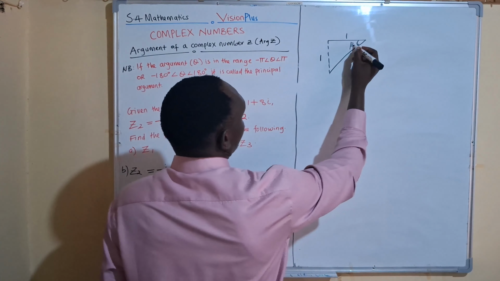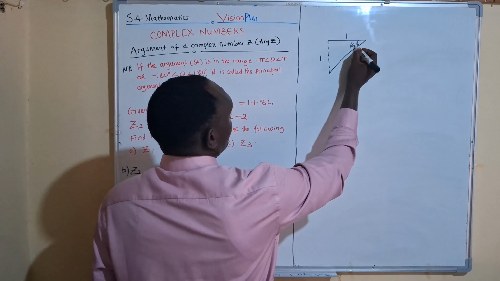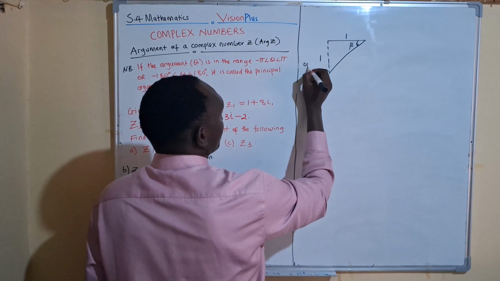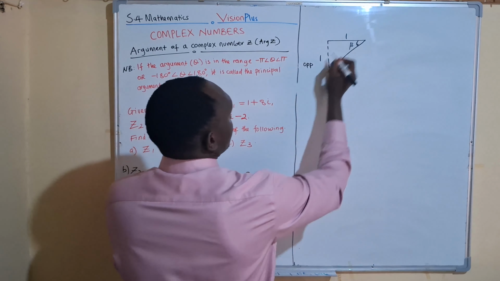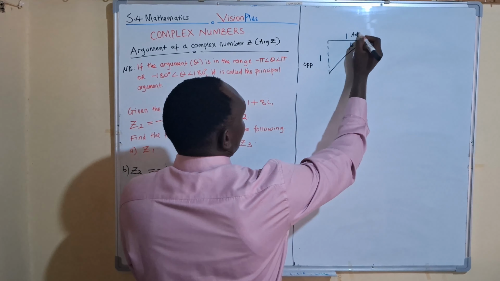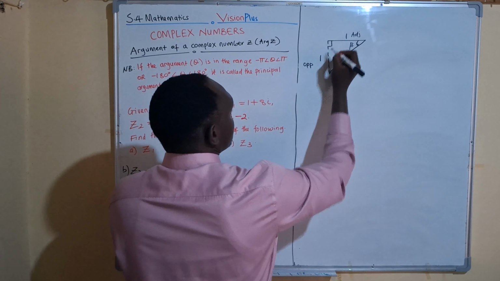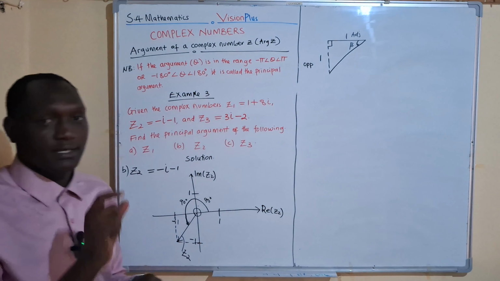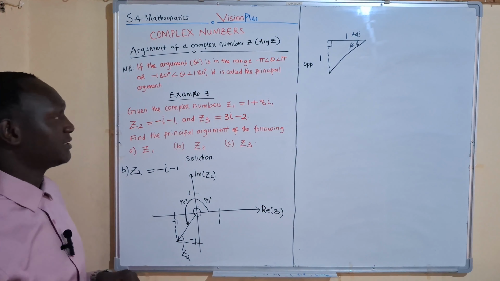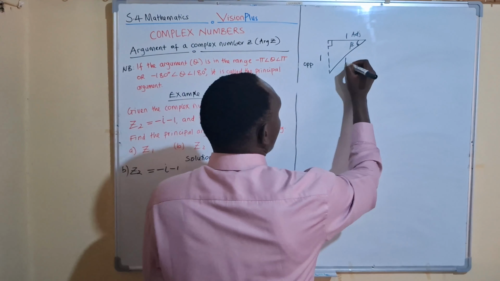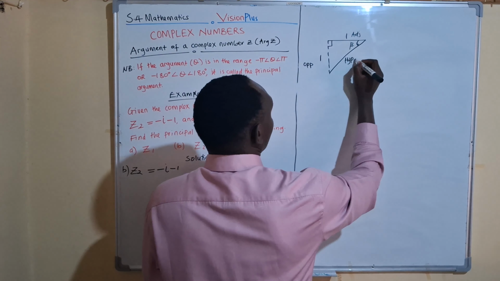Now this is the angle we are looking for. This is the opposite of the angle we are looking for. And this one here is adjacent to the angle. This is where our right angle triangle forms. And then the longest side is the hypotenuse.